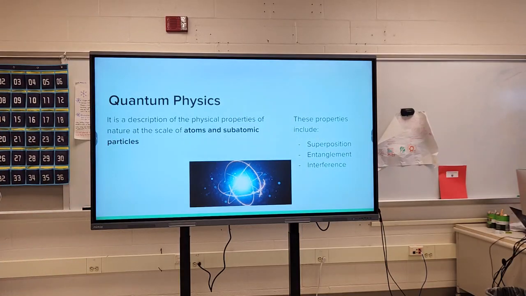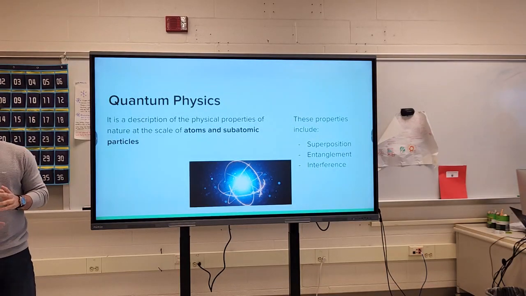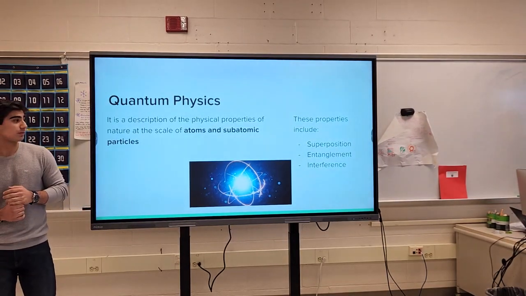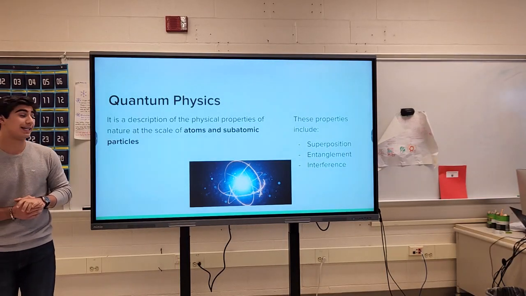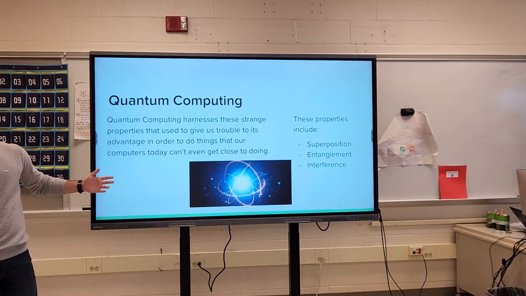Quantum physics may sound super complicated, but really all it is is a way of describing the behavior of really, really tiny things. And we get a lot of these strange behaviors like superposition, entanglement, and interference, which actually used to trouble us, but now we harness them for quantum computing.